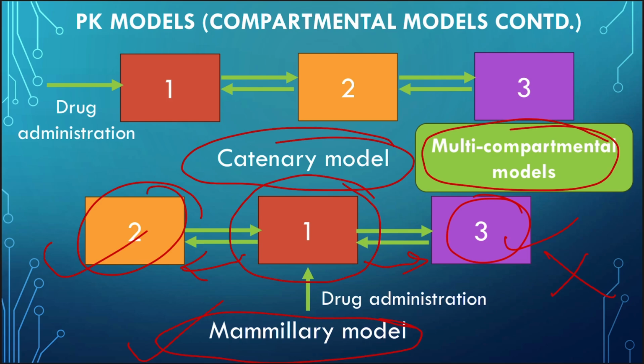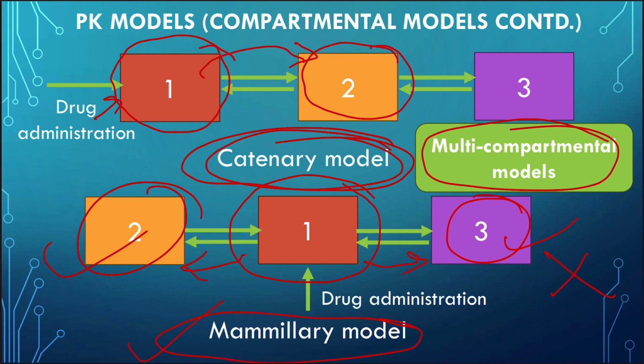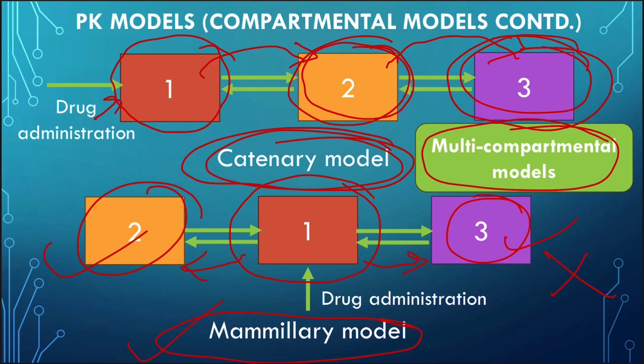But in case of catenary model, here you can see the drug is administered into the central compartment. From central compartment, it is going to one peripheral compartment, that is the compartment number 2. From that peripheral compartment, it is going to the third peripheral compartment, that is the compartment which is even less perfused. So in this you can see there is a series, and these two peripheral compartments are actually connected to each other. So it looks like the links of a train.